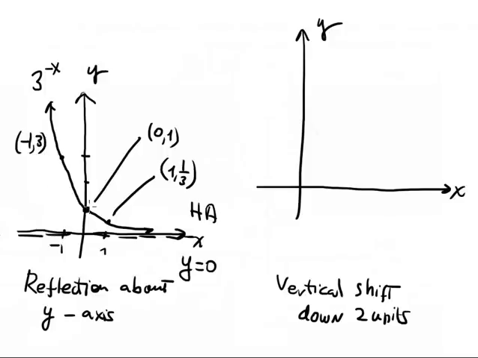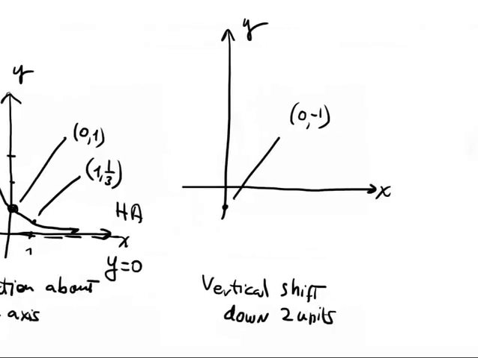So at this point, 0, 1 would become 0, negative 1 here, because you're decreasing 1 minus 2. 1 minus 2 is negative 1.